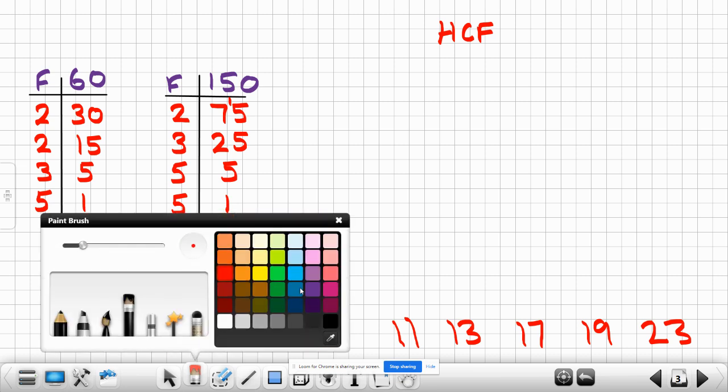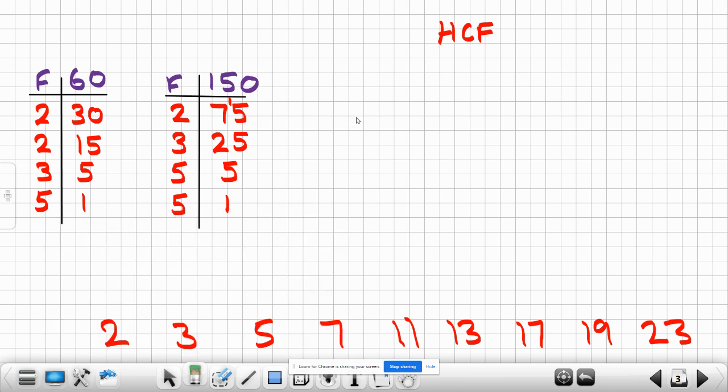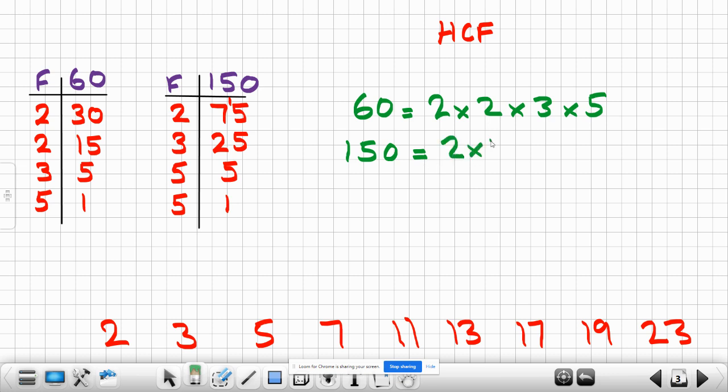Okay, let's change colour and write those up. So 60 is equal to 2 times 2 times 3 times 5. 150 is equal to 2 times 3 times 5 times 5.